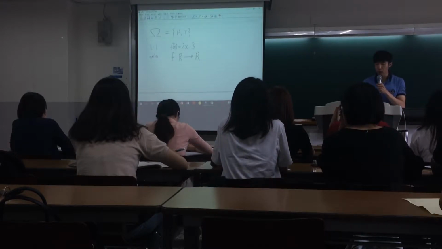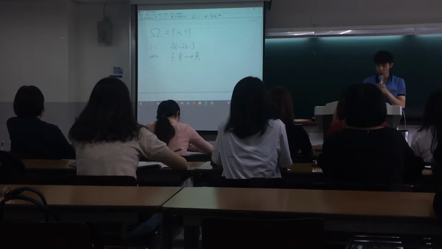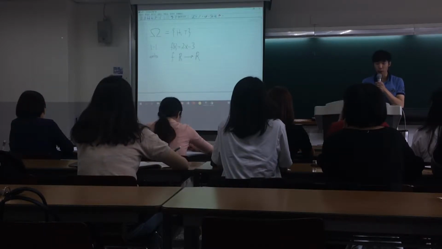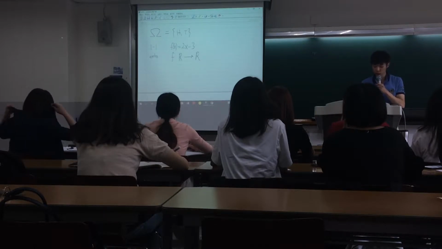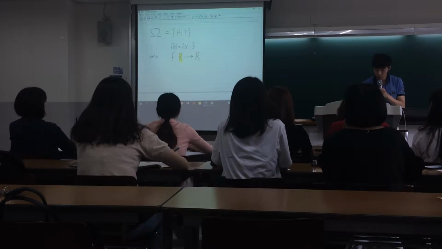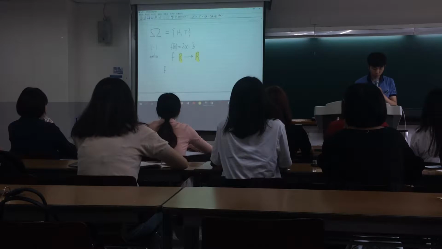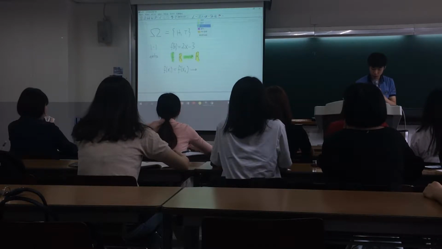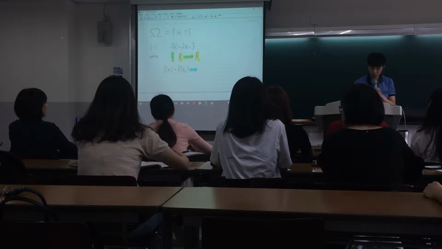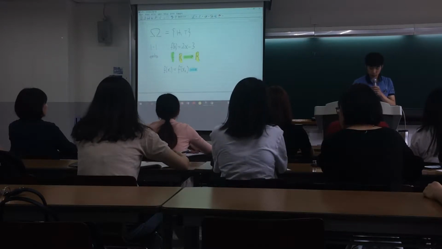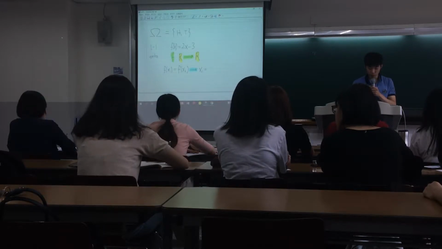We'll see that this is important because based on the differences in codomain and domain, the function might be onto, might be one-to-one, but it might not be. So let's see if it's one-to-one. Remember the definition? If f of x1 is equal to f of x2, then, and don't confuse this arrow, which is used in a function, with this arrow, which means implies, f of x1 equal to f of x2 will imply x1 is equal to x2.